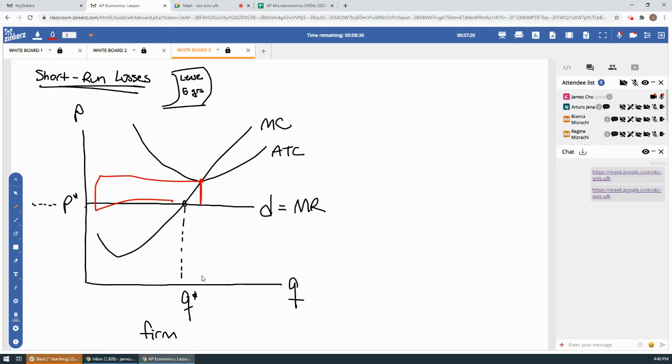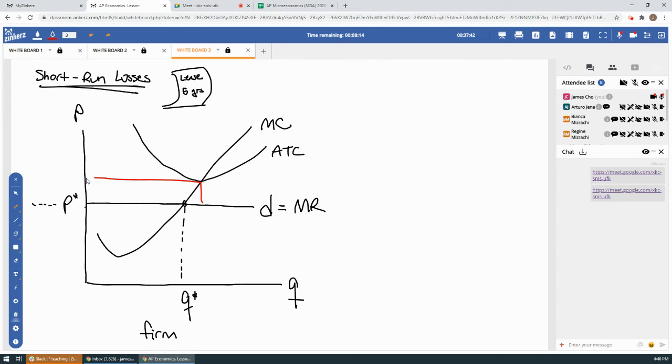No, remember, my story begins and ends with however much you decide to produce, and that's always Q star. So never look here. I don't care about those quantities. I only care about this quantity. And at this quantity, here's the P, here's the ATC. So here is the amount of economic losses.